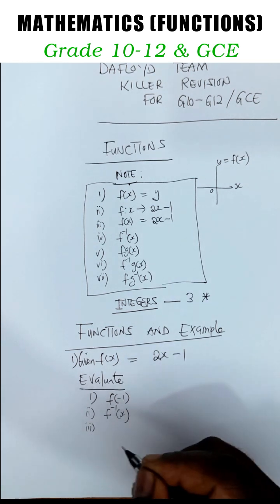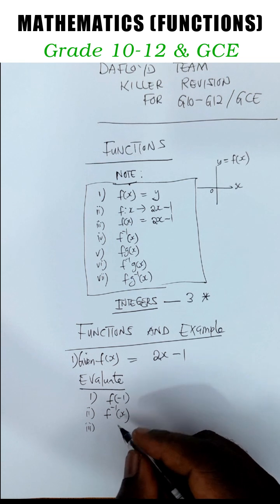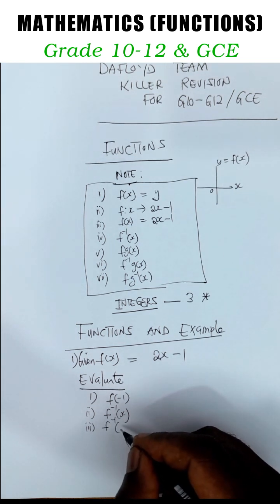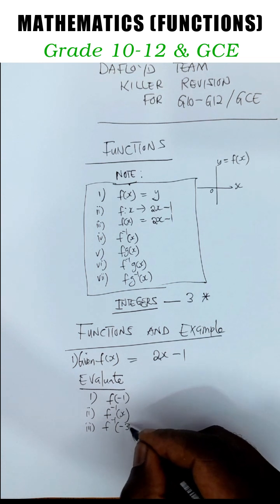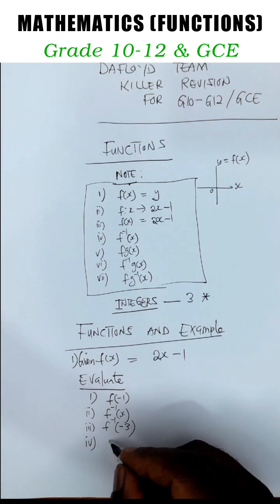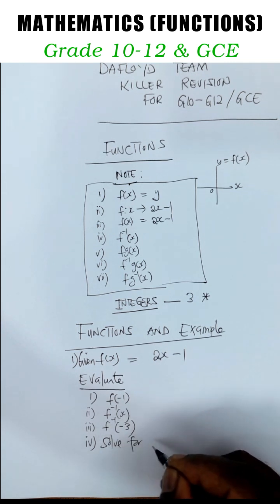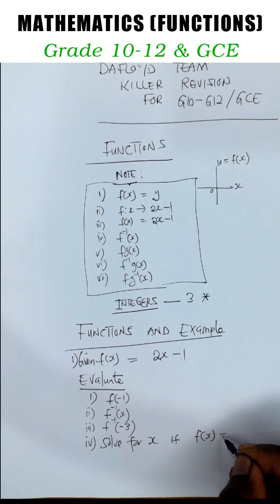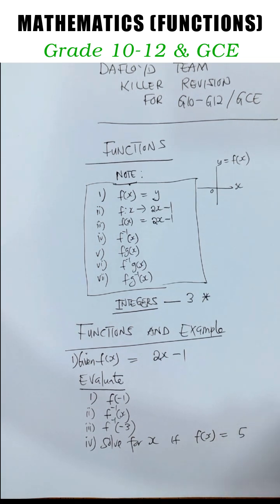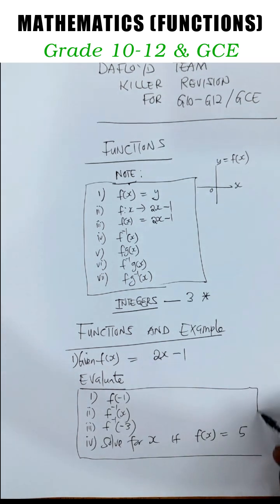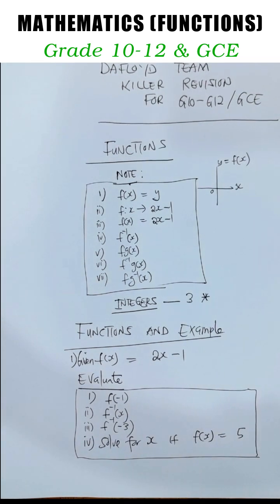Number 3, f inverse of negative 3. Number 4, solve for x if f of x is equal to 5. So in the meantime, we can look at these 4 possible questions.